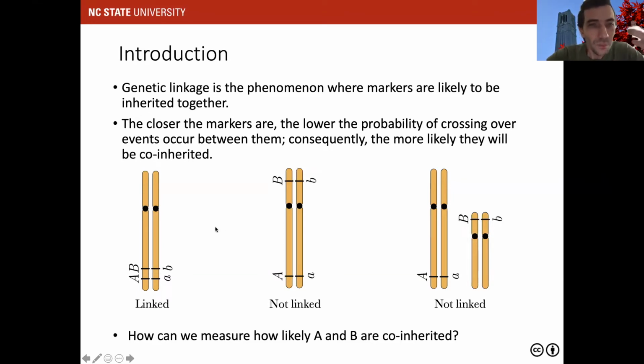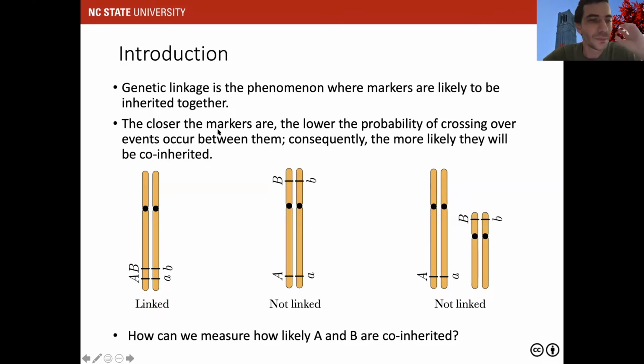But the most important thing about linkage is not where they are in the chromosome, but the consequence of this fact. If they are close in the chromosome, they are more likely to be inherited together.